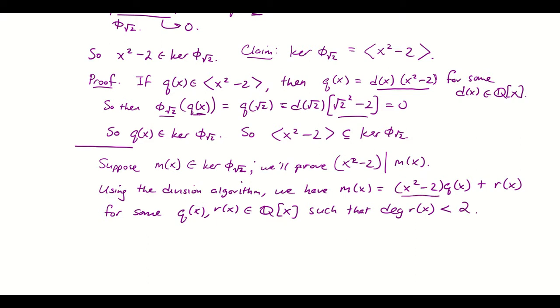All right, so we can get a quotient and a remainder, and the remainder is linear or smaller. That's going to be crucial here.